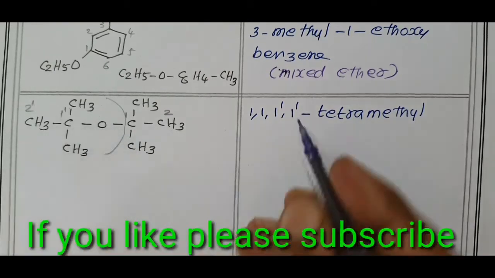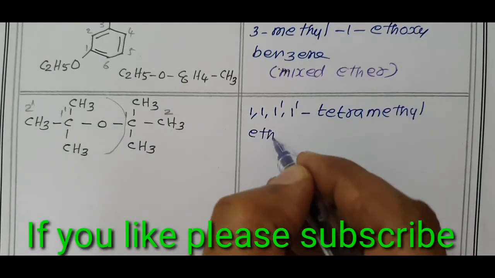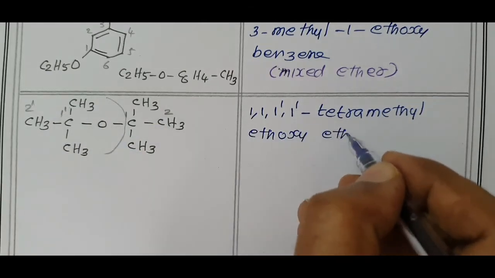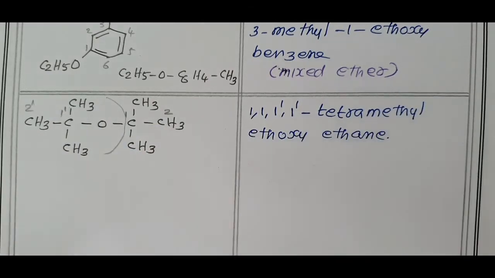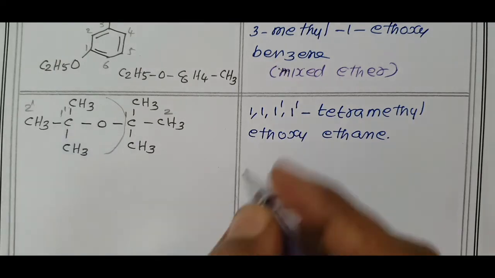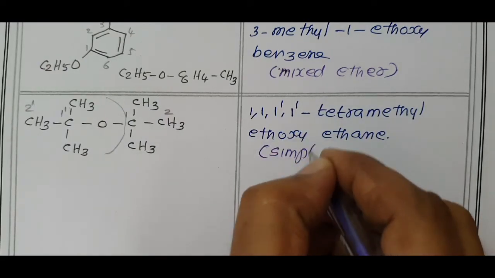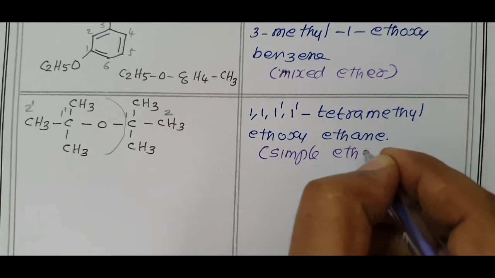This is ethoxy. 2 carbon atom, eth, single bond, ethane. 1, 1, 1 dash, 1 dash, tetramethyl ethoxyethane. The alkyl groups attached to the functional group are same. Therefore, this is your simple ether.